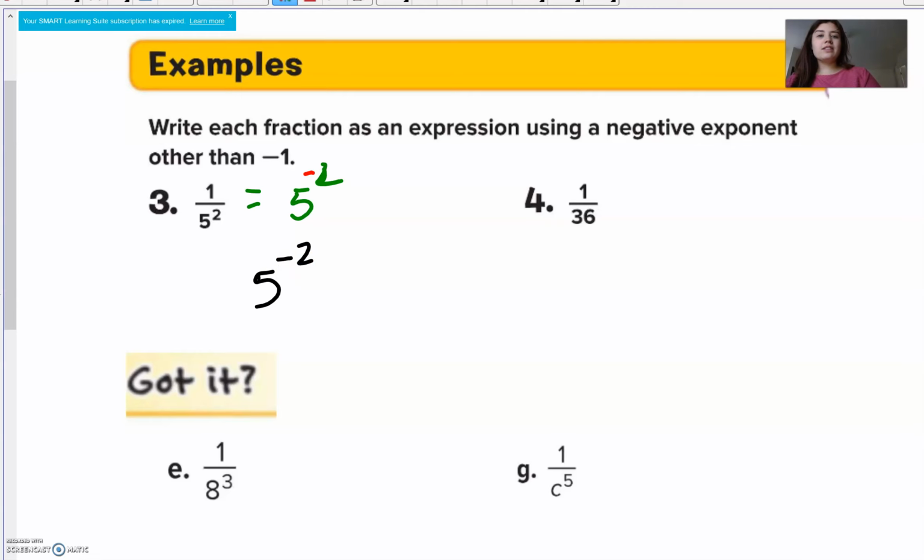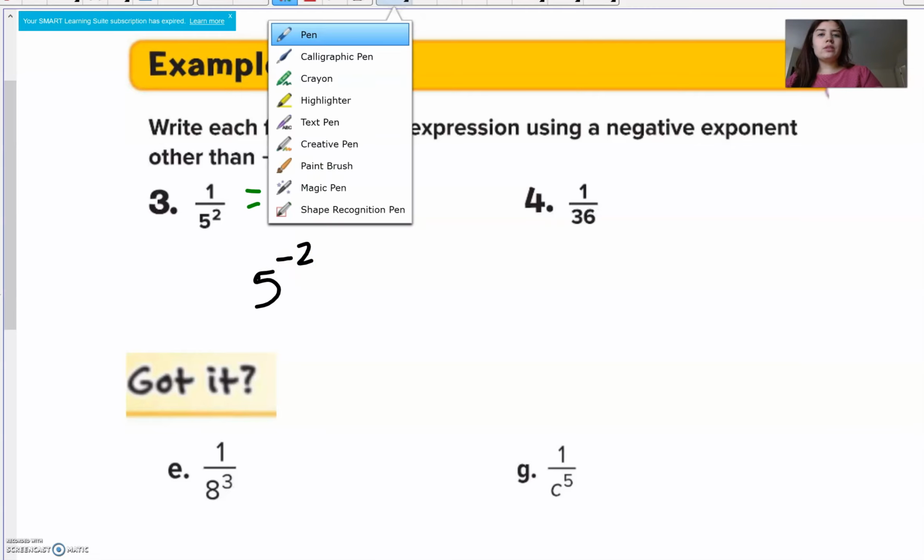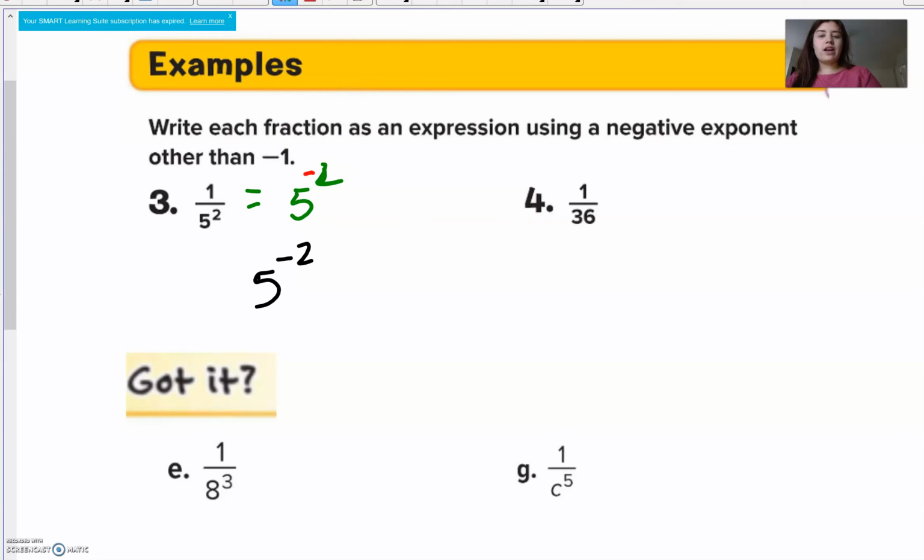Okay, this says that we have to use a negative exponent other than -1. So naturally, you would think that we would do 36 to the negative first power, but instead, we are going to take the square root of 36. That is 6.